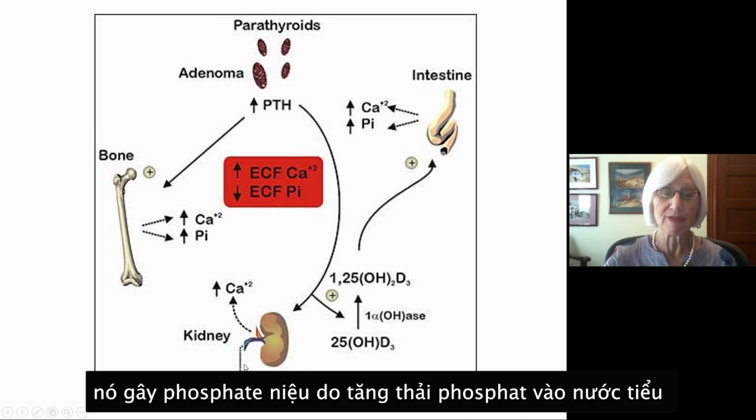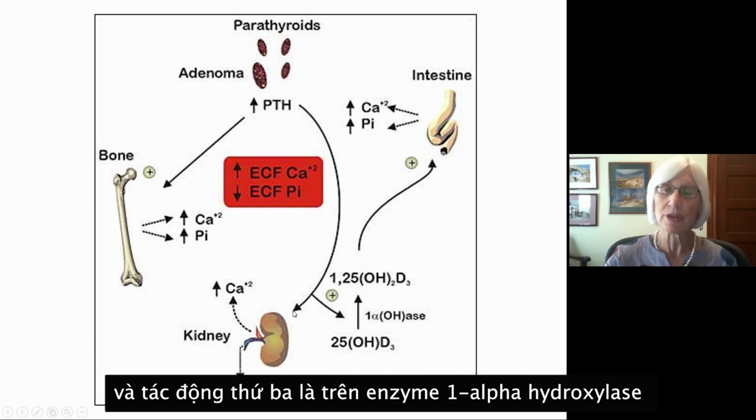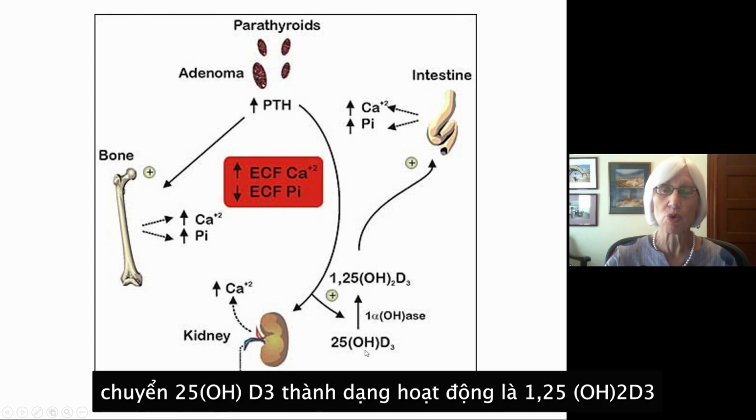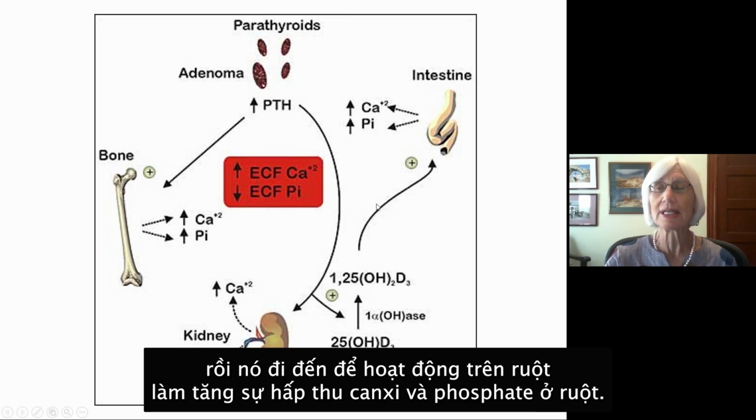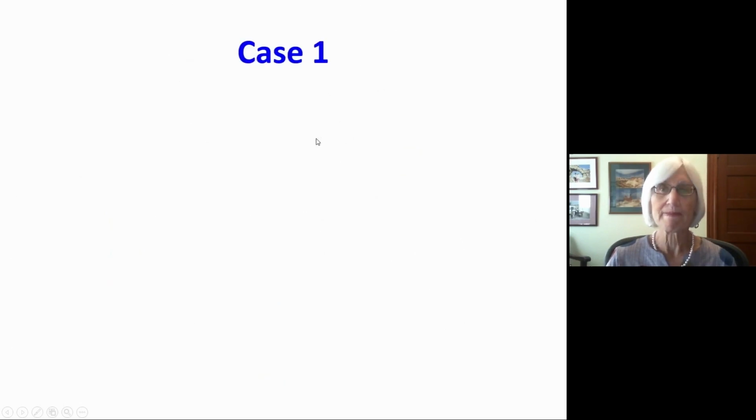It is phosphaturic, causing increased phosphate into the urine. And the third action is on the 1-alpha hydroxylase enzyme, which converts 25-hydroxy-D into the active form, 1,25-dihydroxy-D, that in turn acts on the gut to increase the gut absorption of calcium and phosphate.